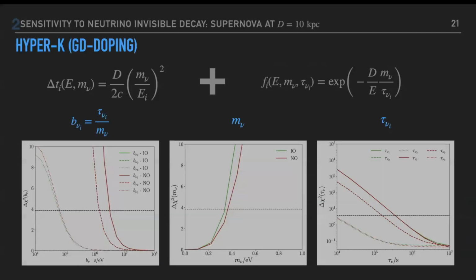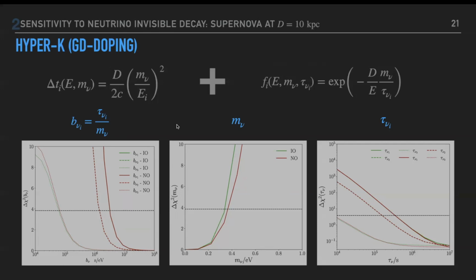And these are the results that we obtain. In particular, this is the result on the tau over m parameter, which is the one that has been constrained by experiments so far, and the one for which lower limits are reported, sorry, in the slide that I showed you at the beginning.